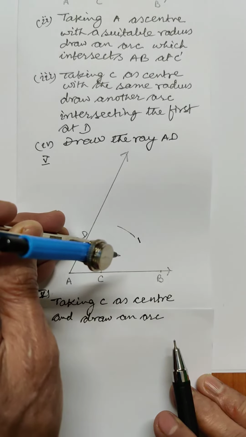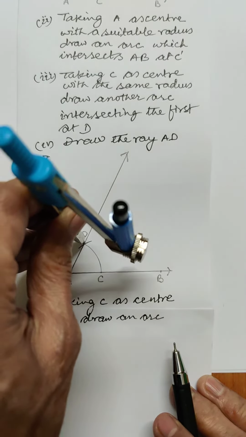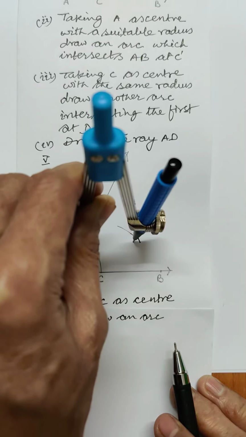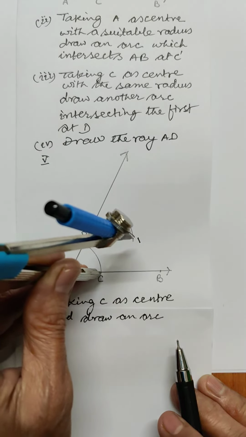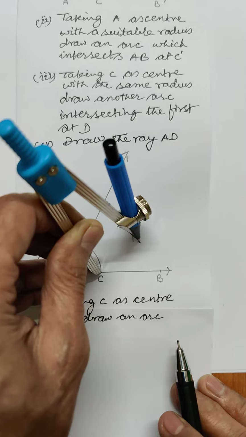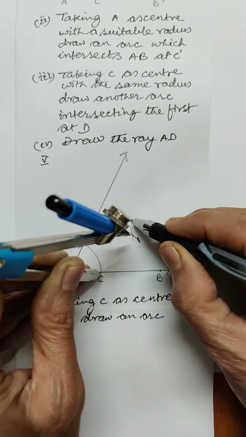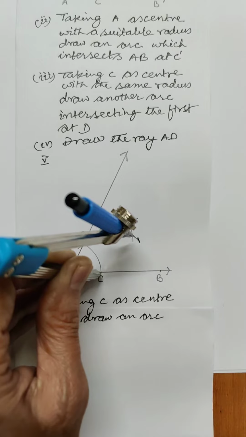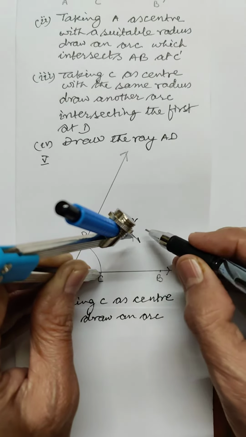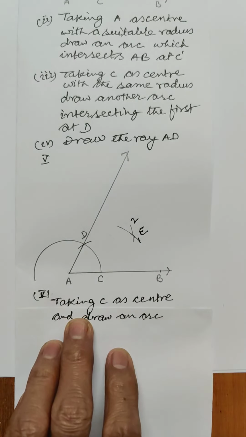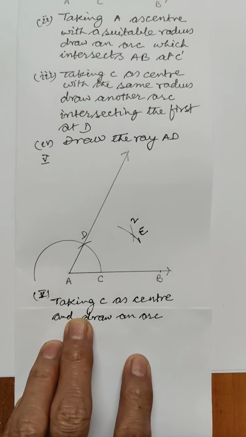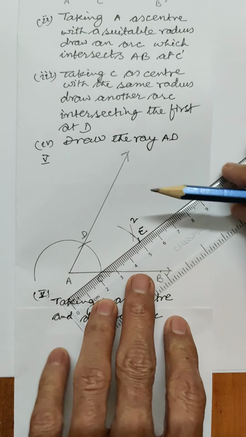And now taking D as a center, drawing an arc intersecting the previous one, arc number 1, say it is arc number 2, at point E. Now join E to A or draw ray AE.